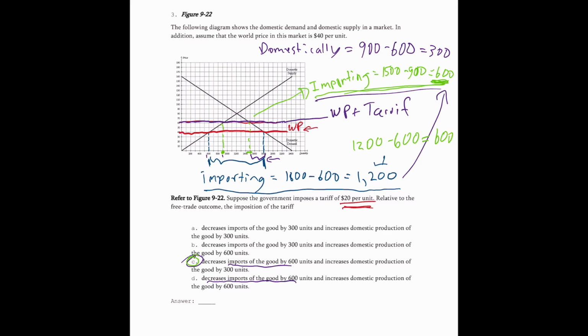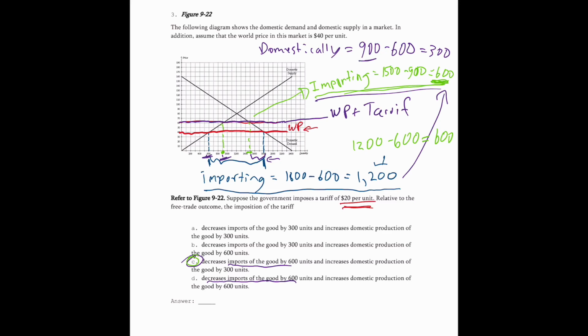But some of those lost imports are going to be made up for by domestic producers now producing more of those goods. Previously, at full free trade, there were only 600 being produced domestically. Afterwards, we're producing 900 domestically.